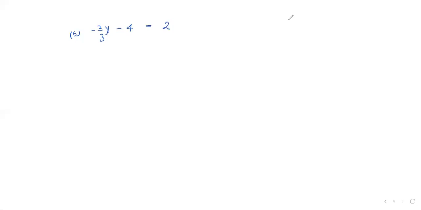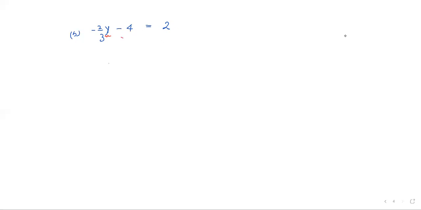Our unknown here is y, and the coefficient of y is -2 over 3. We say we need to get rid of this first.